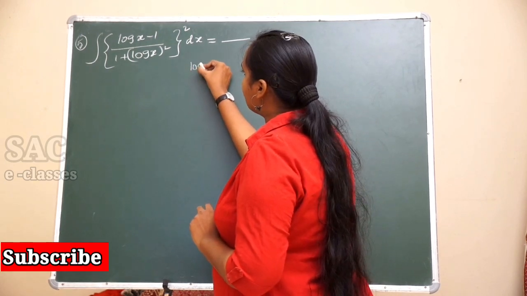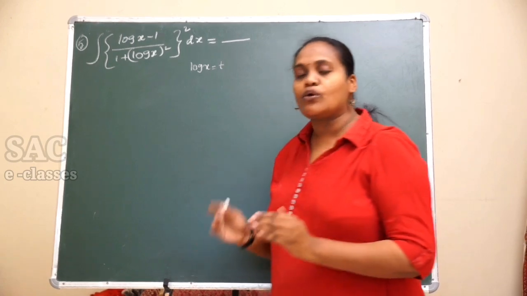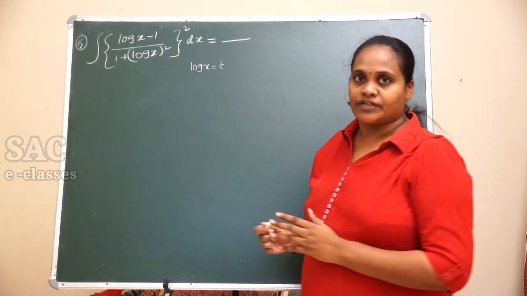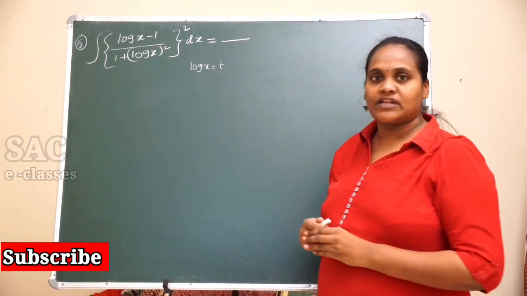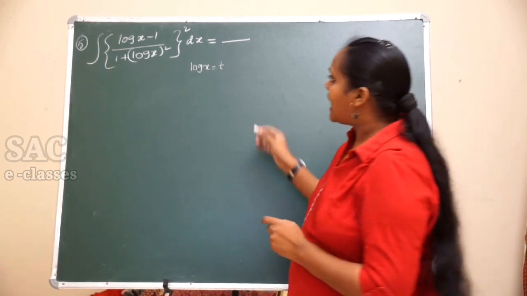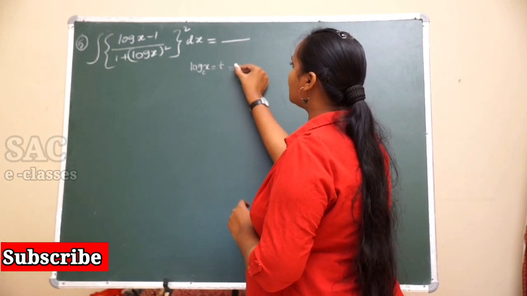Log x is equal to t. Ma'am, you just said that there is no 1 by x present in it, so we can't solve it. That means there are no x terms here if you differentiate. That is why I am not using log x as it is; I am converting it in terms of the exponential value.